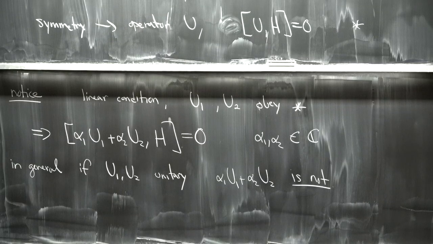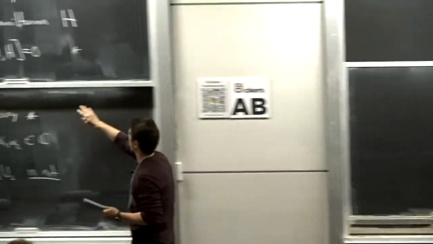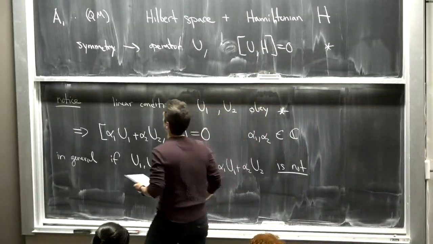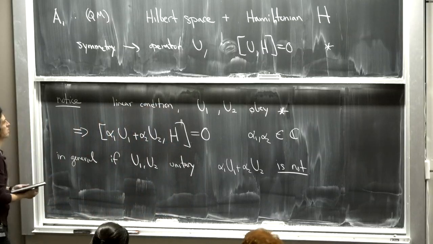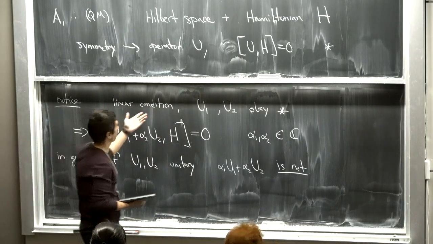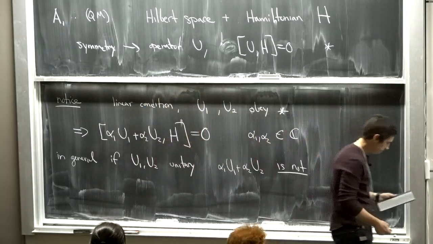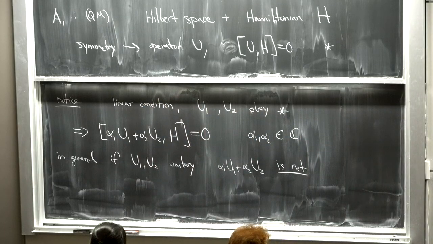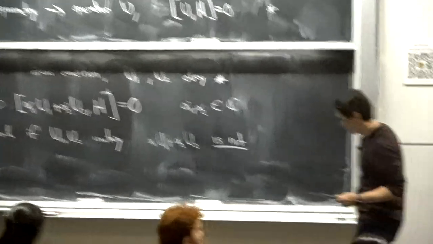Now, in quantum mechanics, there's really not much more to say. This is a very floppy condition, and there are lots of things that we might call symmetries if that's all we use. So it's not clear this is a very useful definition. But we don't want to restrict ourselves to unitary as an extra constraint on our definition. So why do we want to restrict ourselves to unitary or anti-unitary?